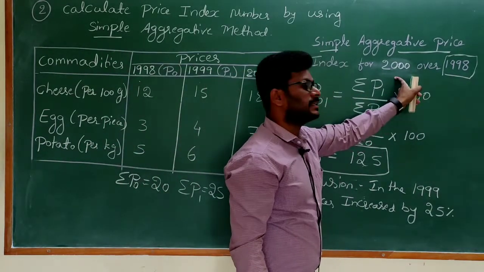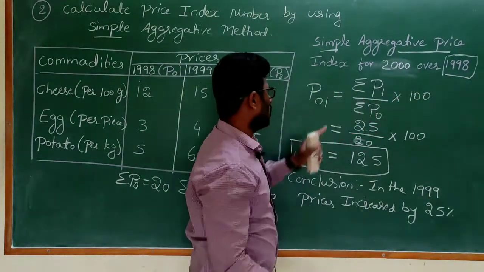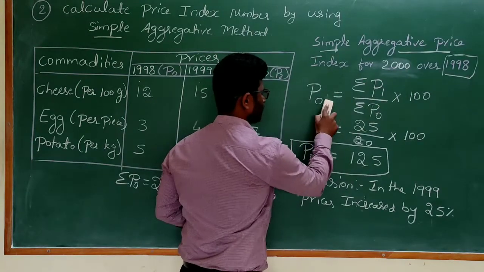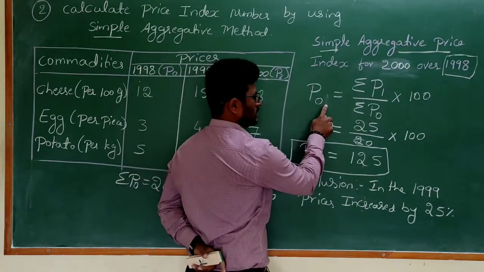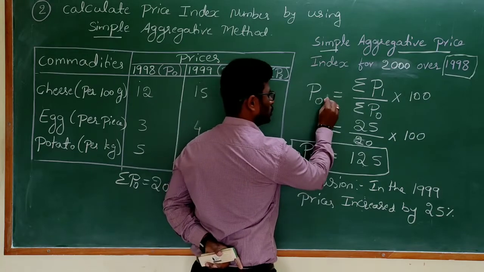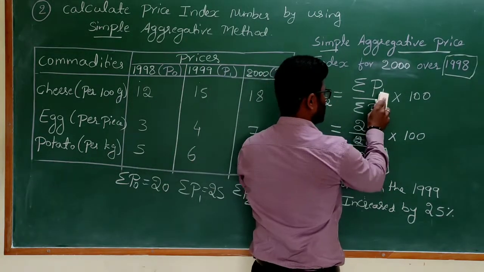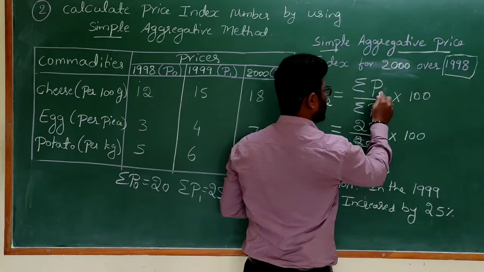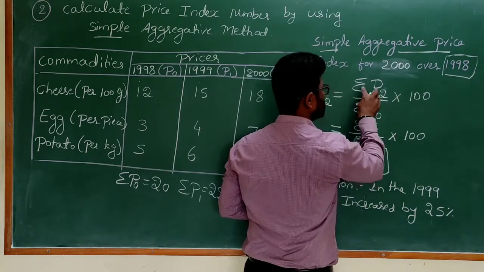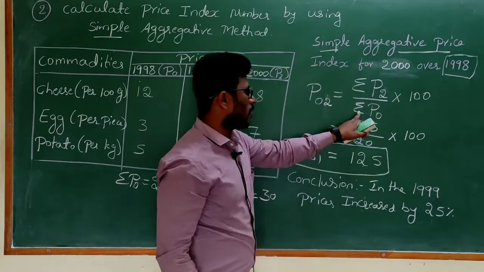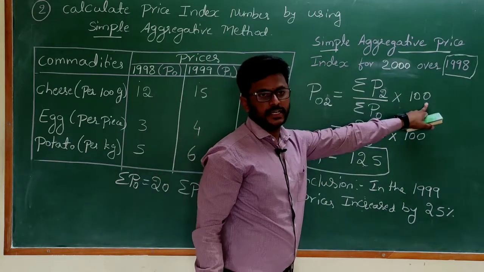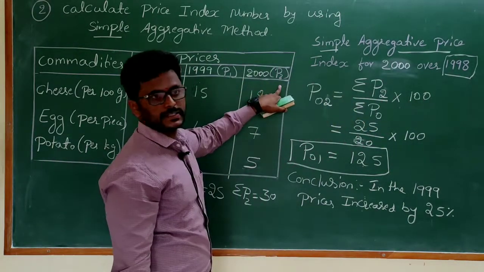Your current year is the varying year, so the formula changes: P02 equals summation of P2 divided by summation of P0 into 100. That is the formula for the 2000 price index.